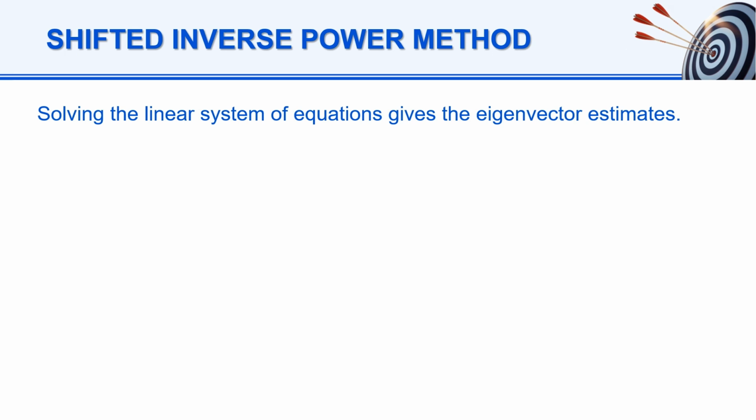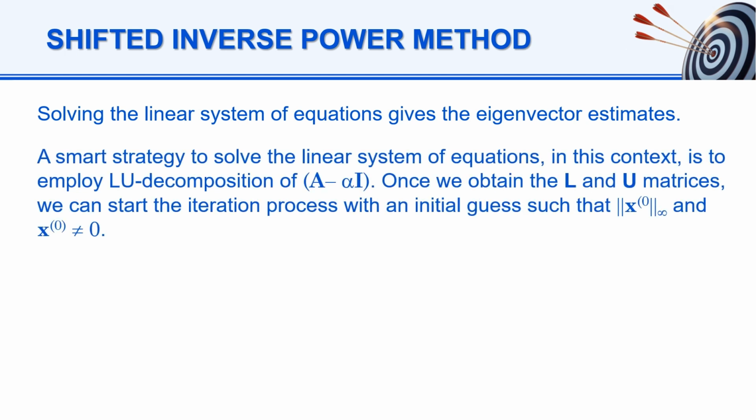Solving the linear system of equations gives the eigenvector estimates. A smart strategy to solve the linear system of equations, in this context, is to employ LU decomposition of the matrix A minus alpha times I. Once we obtain the L and U matrices, we can start the iteration process with an initial guess such that the infinity norm of the initial guess is non-zero.